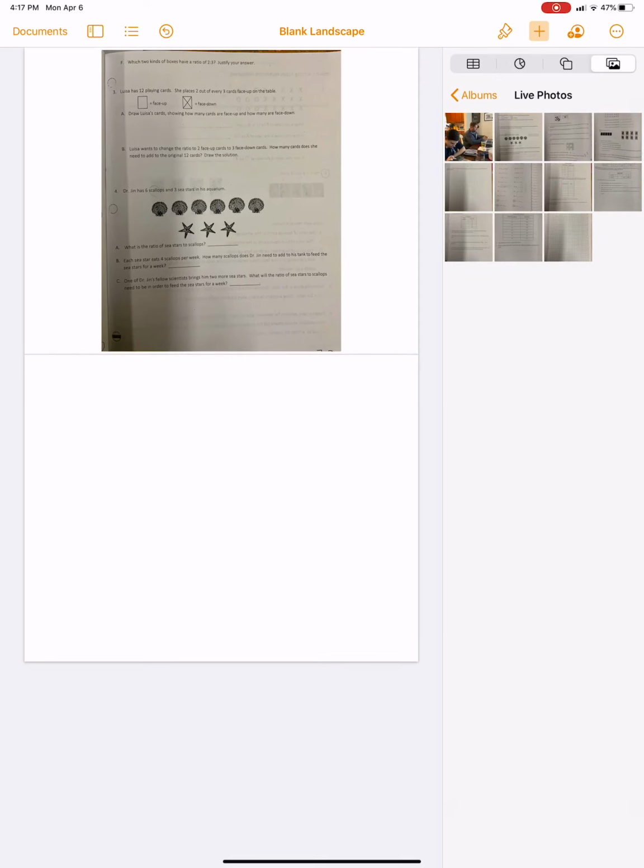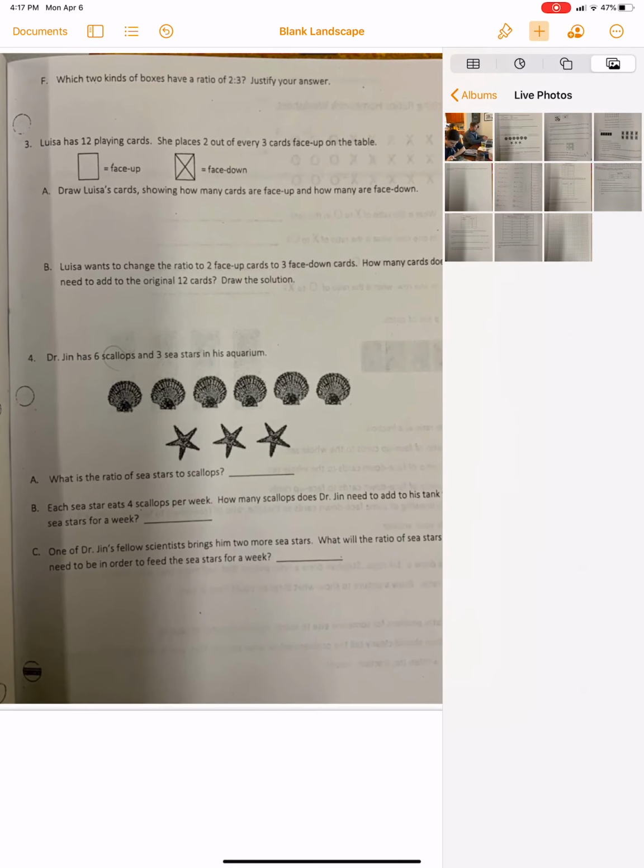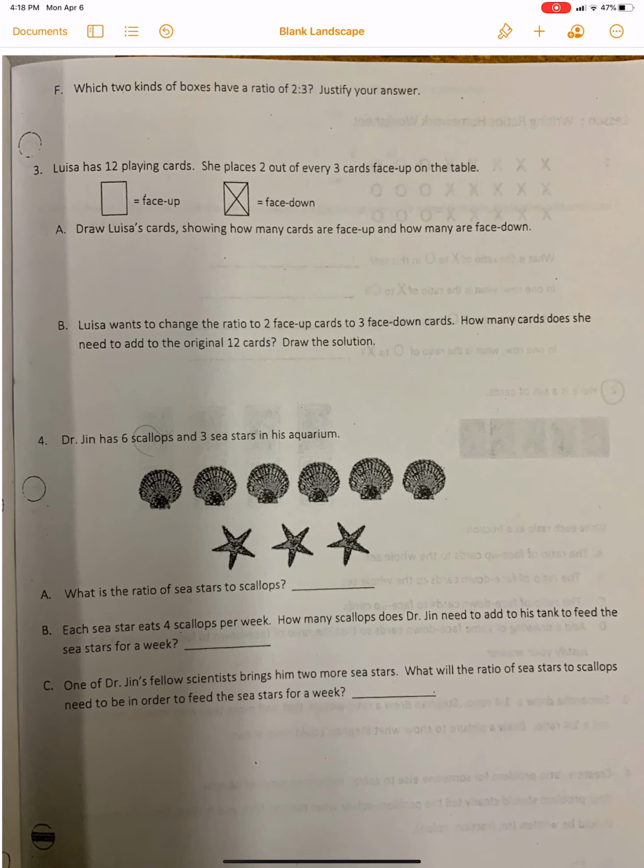Okay, so let's take a look at this here. There are a couple things we can do with this.